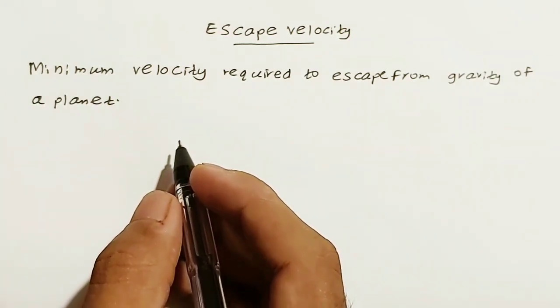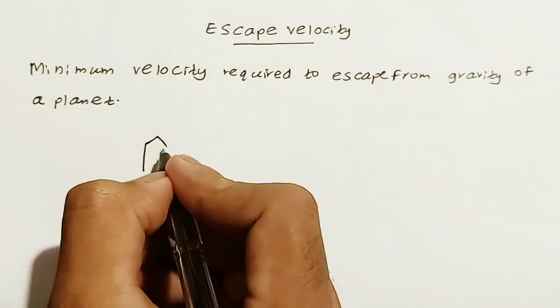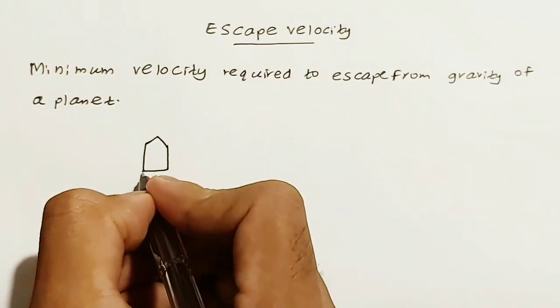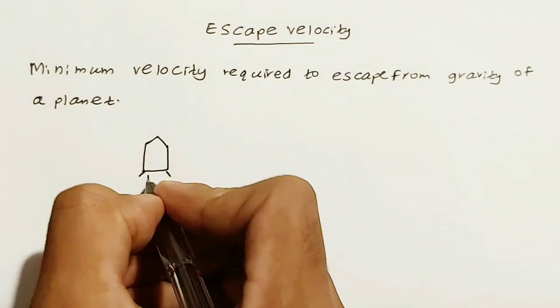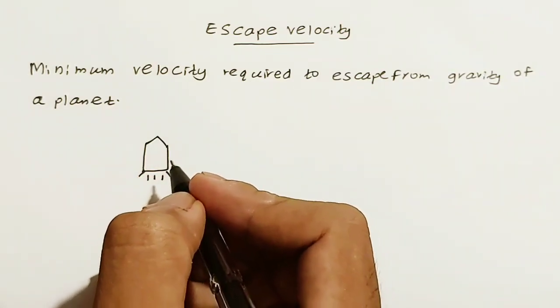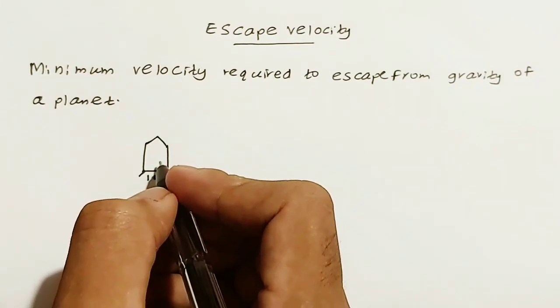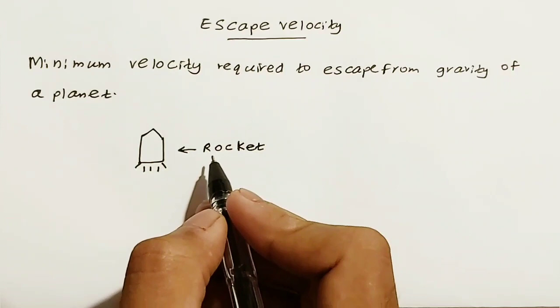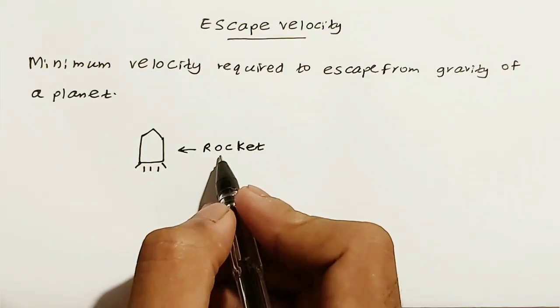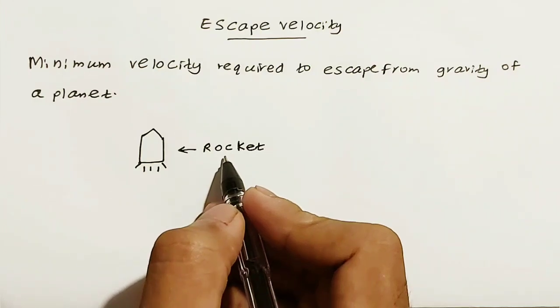Consider a rocket. If we consider a rocket, we might assume it obeys the escape velocity. But this is not a principle of escape velocity, because the rocket has energy stored within it as well.